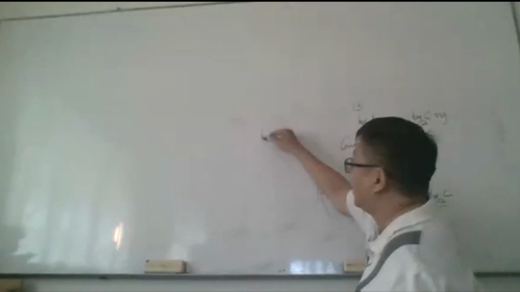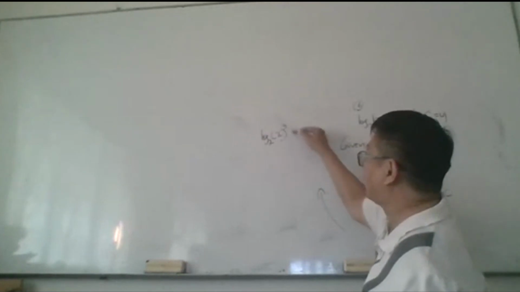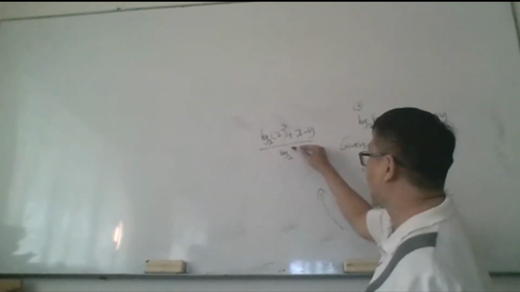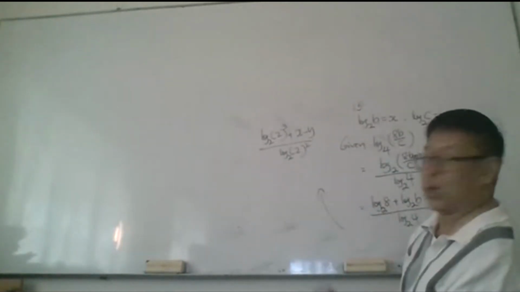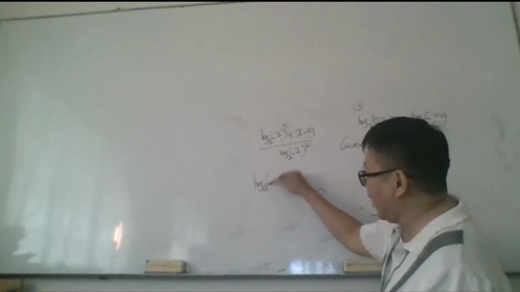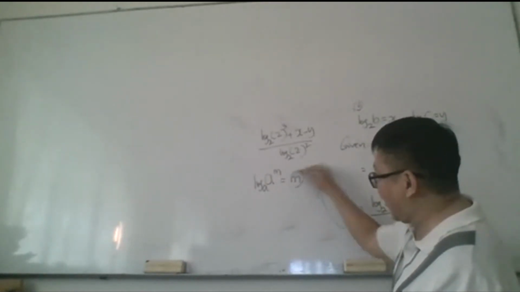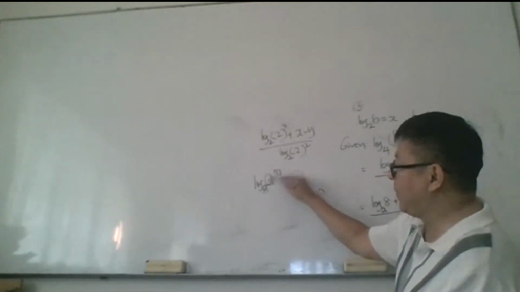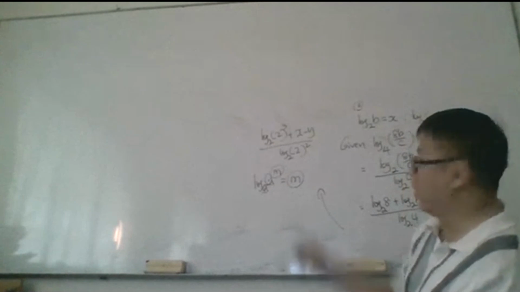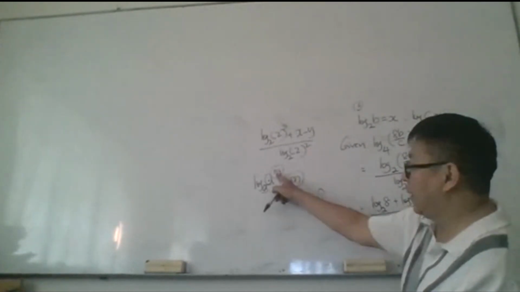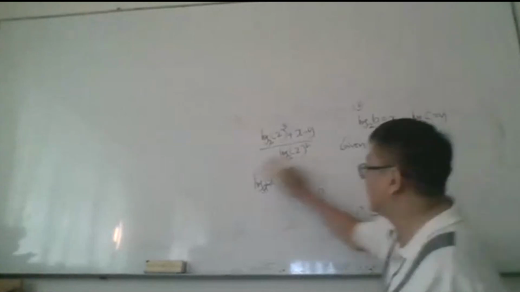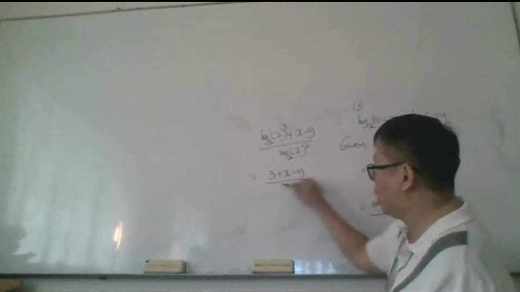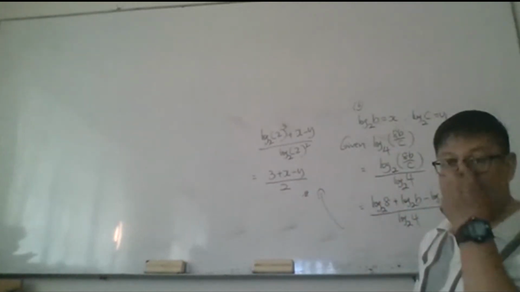I will continue here. 8 will be 2 to the power of 3, log_2 b is x, log_2 c is y, and log_2 2 to the power of 2. According to the law just now, log_m m, I can just write 1. So when the logarithm base and this number are the same, the power will be the answer. So in this case, I will write 3 plus x minus y over 2. That's it. That's the answer.